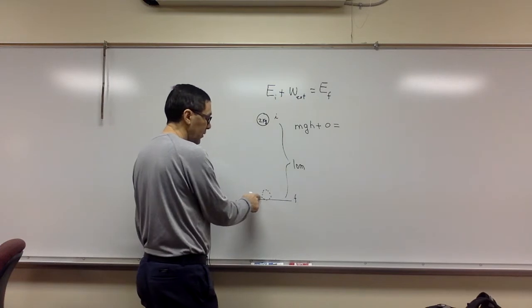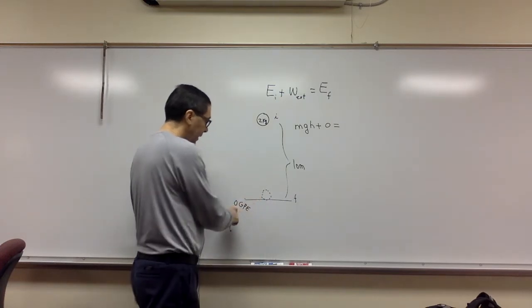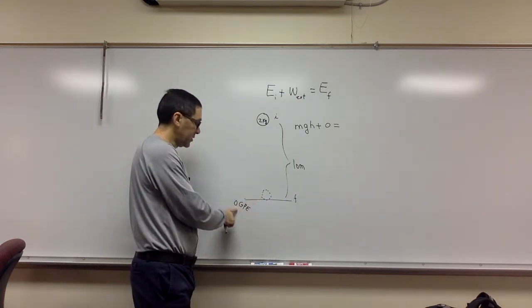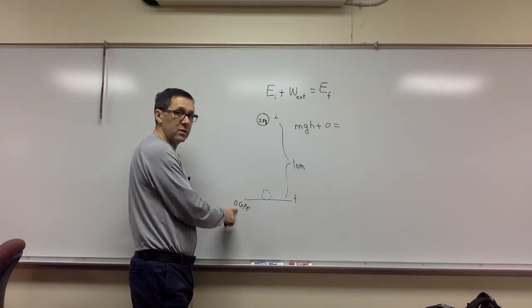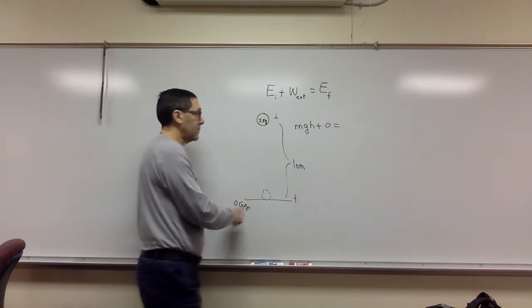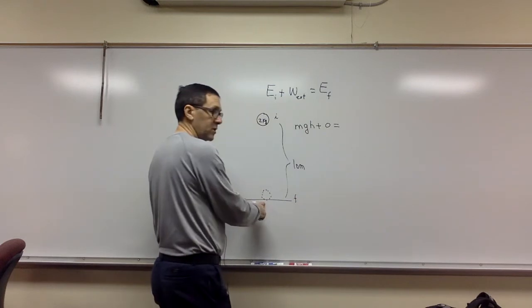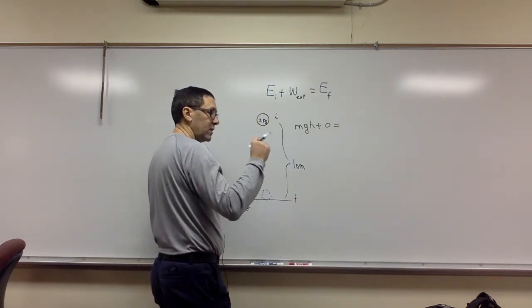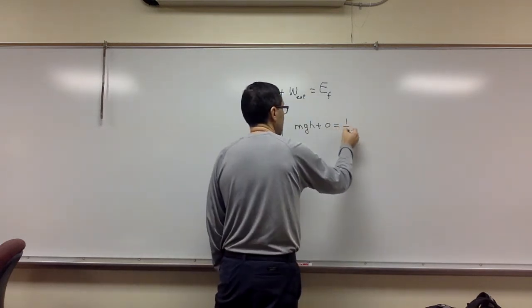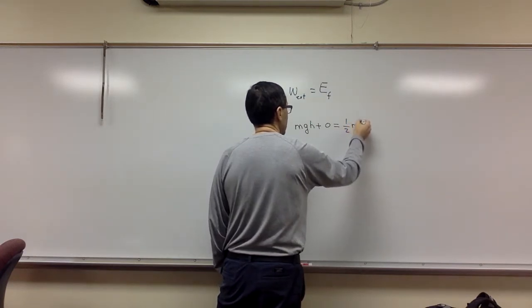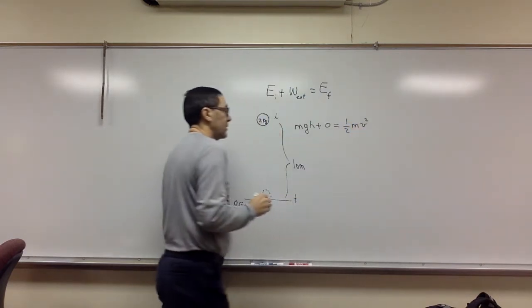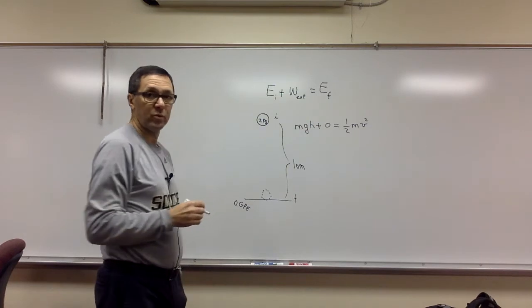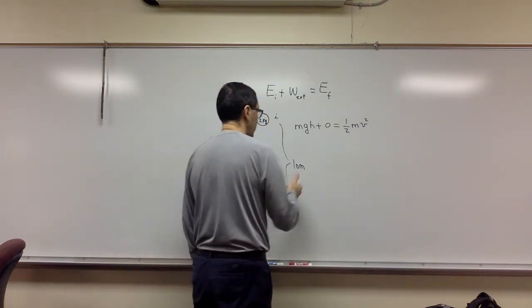equals, when I'm all the way at the bottom, I'm at the reference for gravitational potential energy. So there is no gravitational potential energy. And I have kinetic energy because the ball is moving right at that moment. It's going to hit the surface. And then I can find the speed with which it's going to hit the table or the floor.